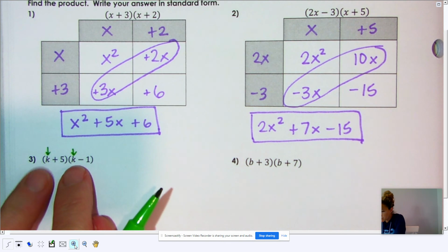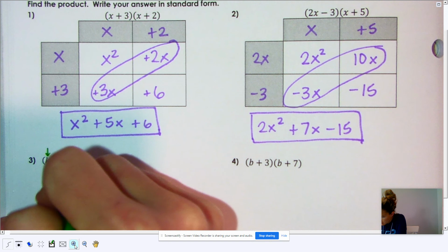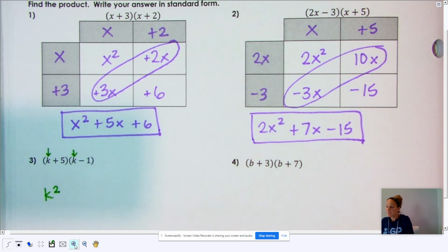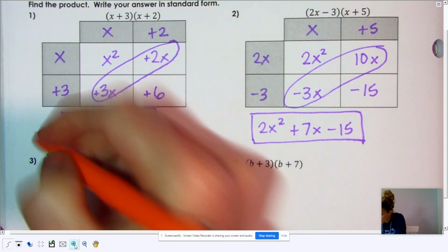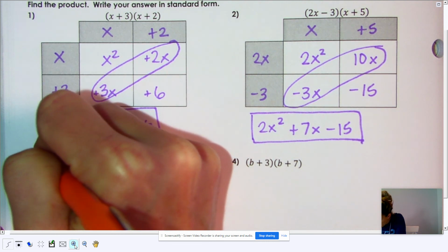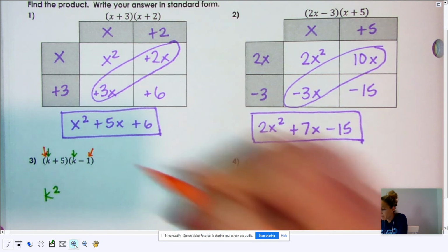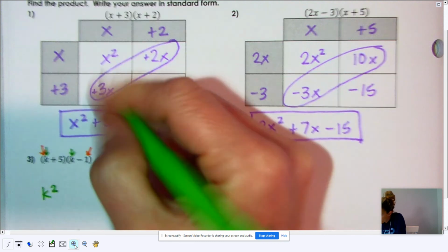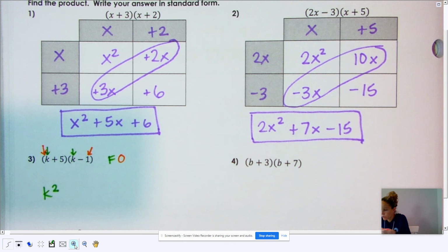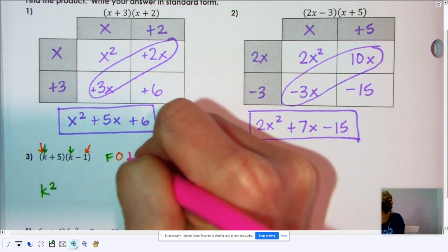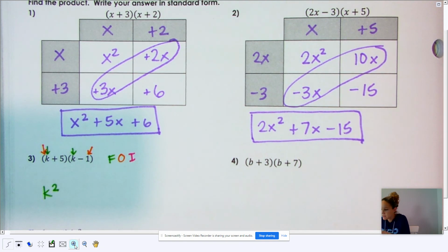So the first would be k times k, which would be k squared. Then I'm going to look at the outer. So the outer ones would be on the outside edge, this one and this one. Okay, so this is first, outer, and then we'll go inner, and then we'll go last.